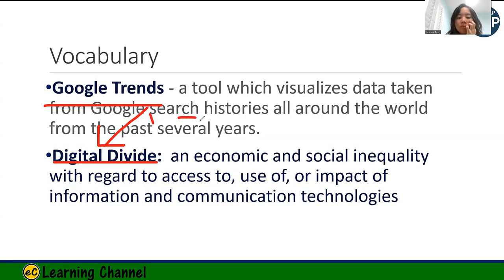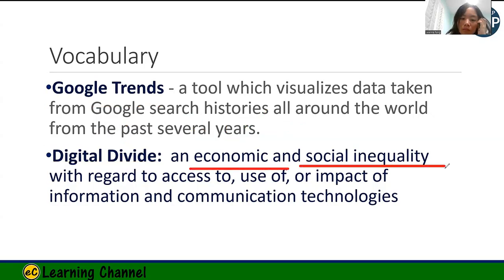Every year they may test two to three problems in multiple choice on what is digital divide. Digital divide means economic and social inequality regarding the access to, use of, and impact of information and communication technology. That means some areas, for example LA downtown, the black people do not have enough computers. That's called inequality.